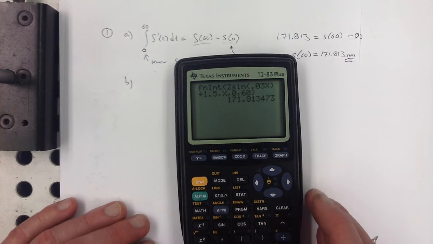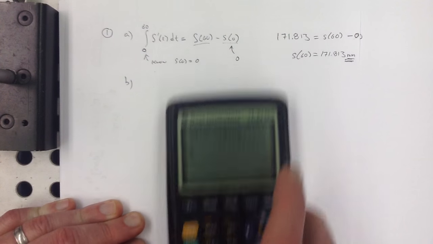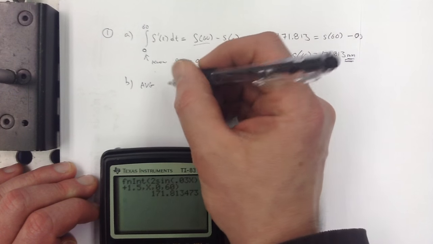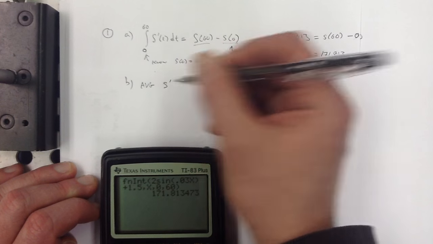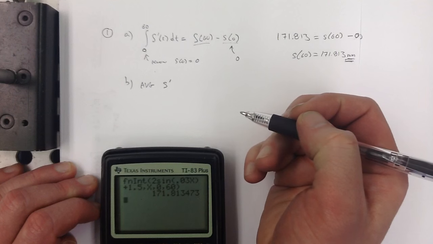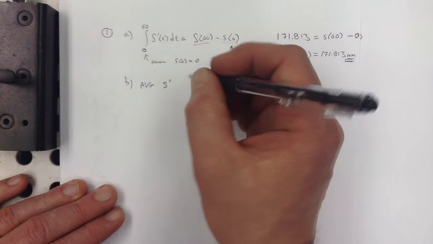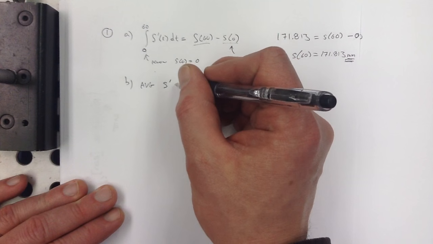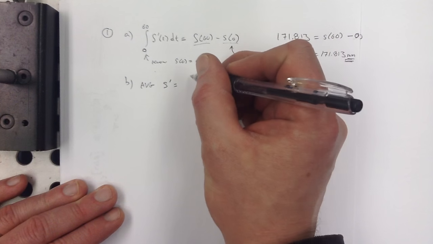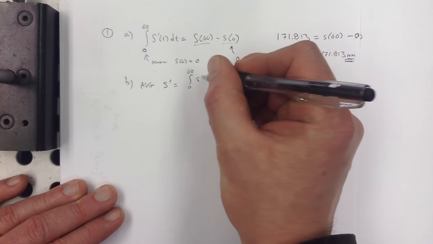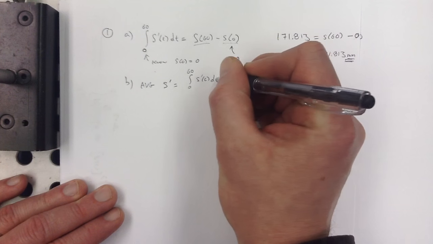Part B, according to the model, what's the average rate of change? Well, the rate of change is the S prime. So I want to find the average value of S prime over the 60-day period. Okay, so to find the average, I do the integral from 0 to 60, S prime of t dt.